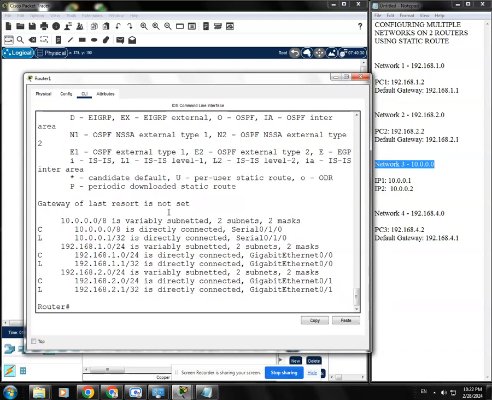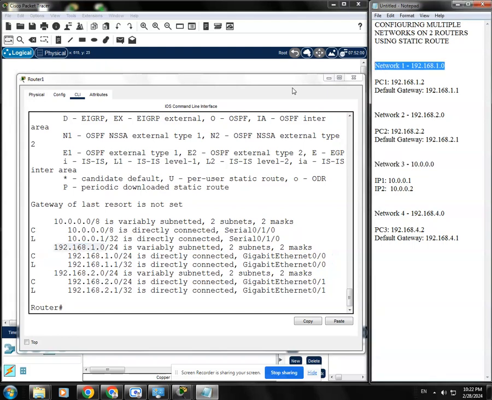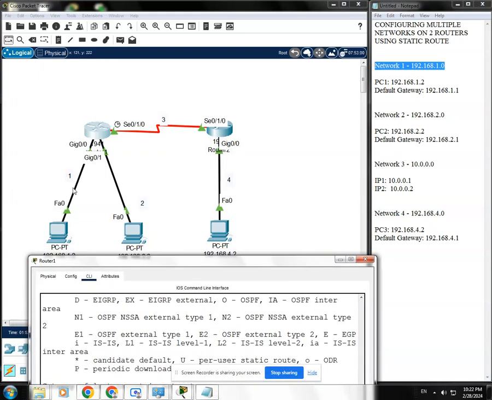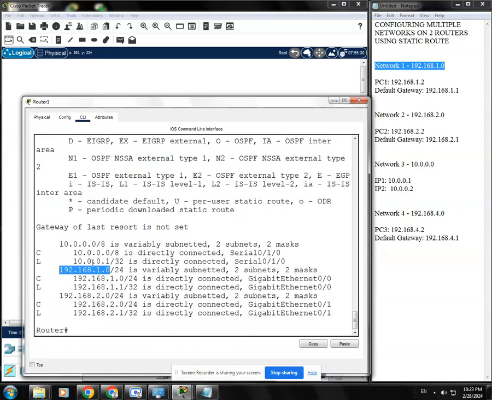And same thing if we look at this network, 192.168.1.0/24, which is a class C, is variably subnetted into two subnets and two masks, which are these two. This is network one, and that is why it can see network one here. Below this network, there are two entries.